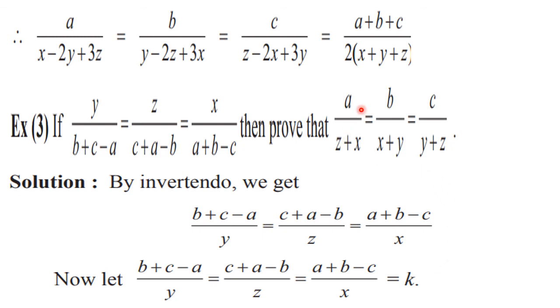Now here, since we have three ratios, we have to apply the theorem 3 times. And always observe the question. See, in the first ratio, z plus x is done. That means first and third ratio is added. In the second one, x plus y. That means third and first ratio is added.